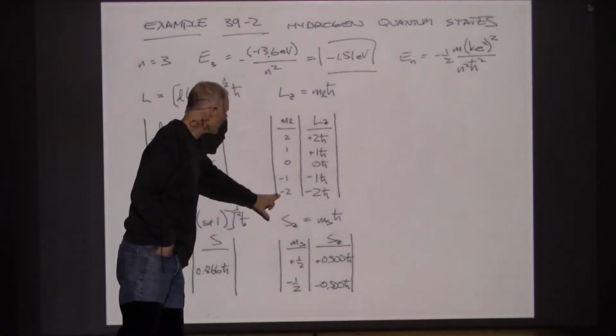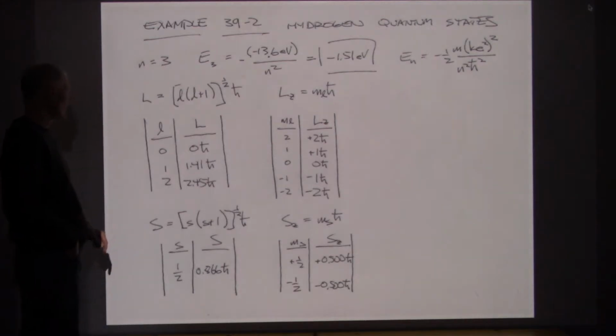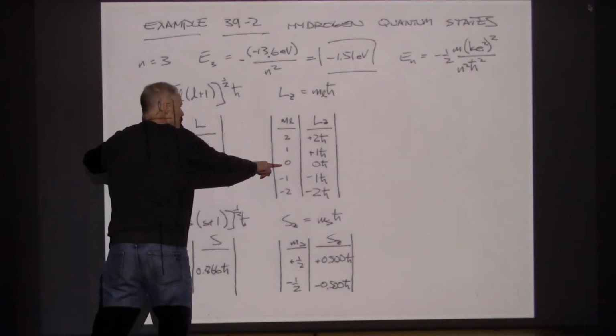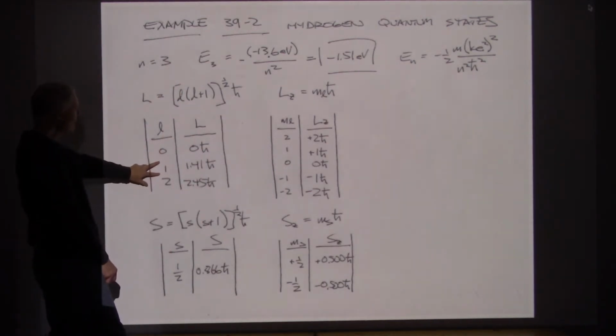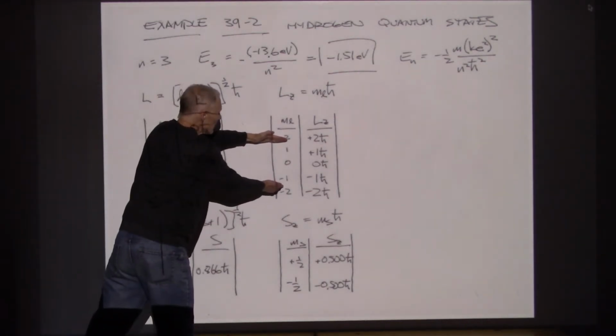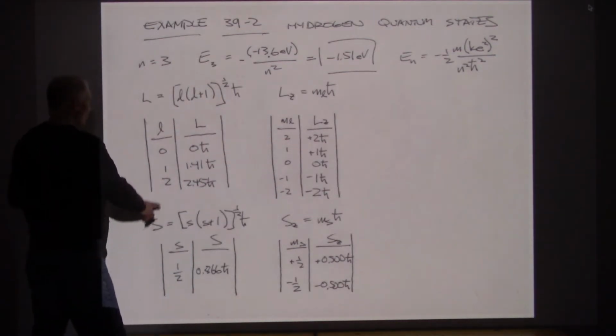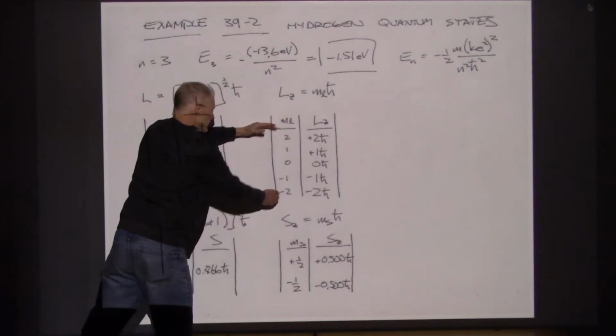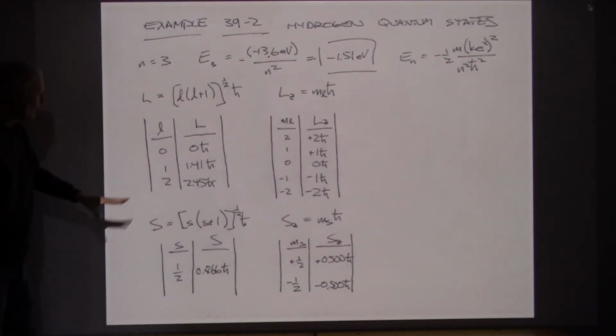And then the m sub L values are going to be given by these. Now, if L is equal to 0, remember the m sub L can only be 0. If L is equal to 1, we're limited to these three states. It's only when L is equal to 2 that all 5 of these would be possible.